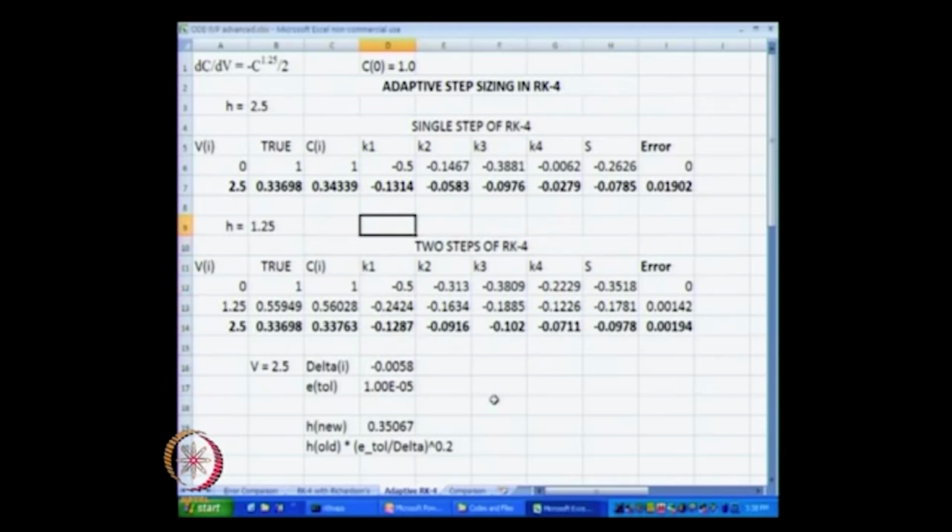So, what I will do over here is I will go back to this step and give h equal to 0.35067, and when I give that, I now get an accuracy that is in fact higher than the accuracy that I have asked my method to give. Okay. So, what we did is we used initially the h value of 1.25 and h value of 2.5.